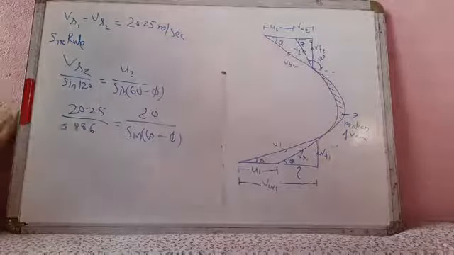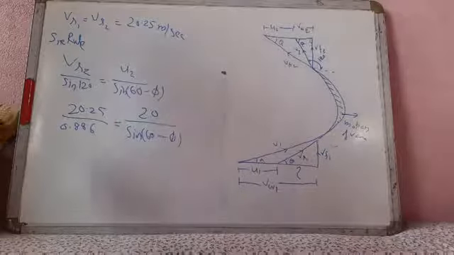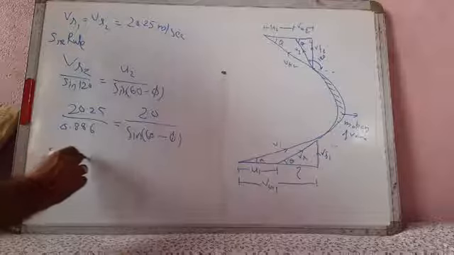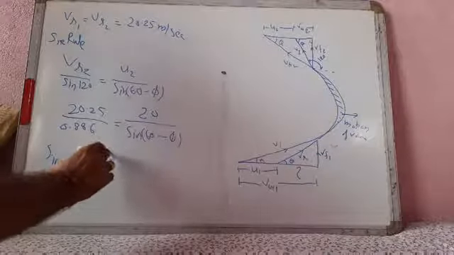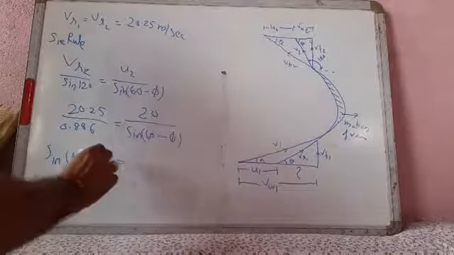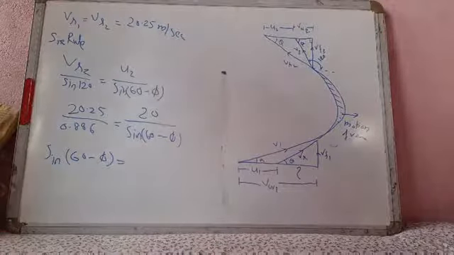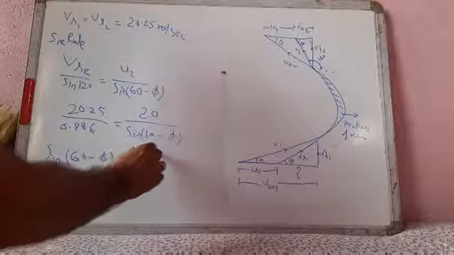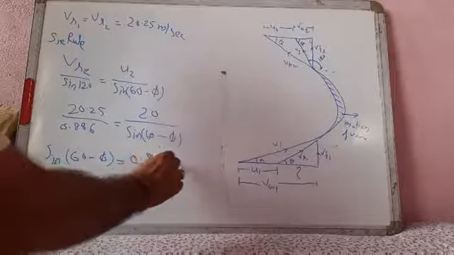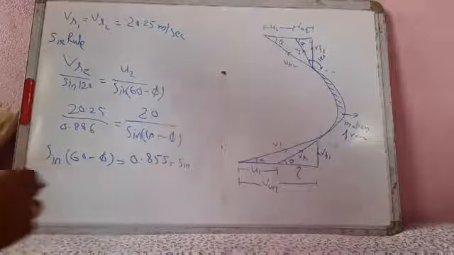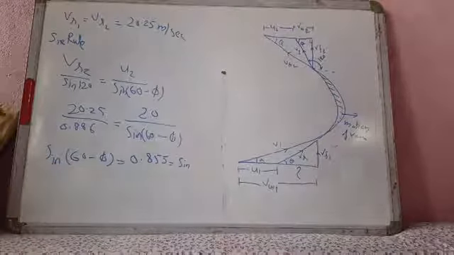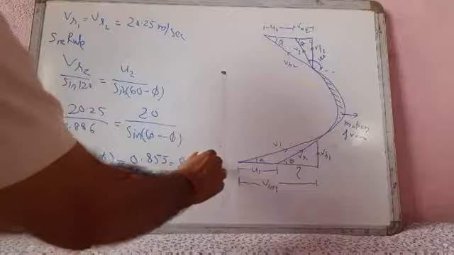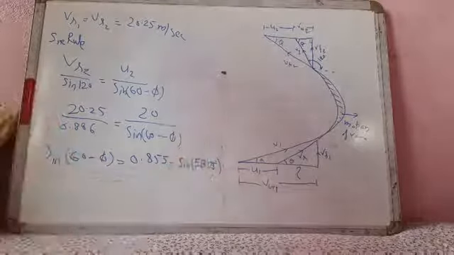So here the value of sine 60 minus phi is equal to 0.855, that is sine of 58.75 degrees.